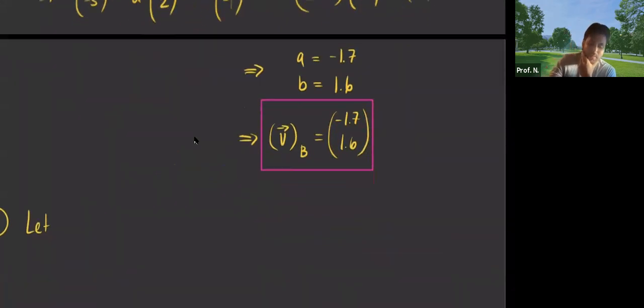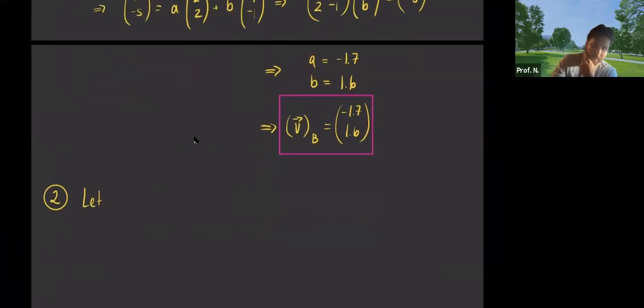Now I'm going to find the same thing, but now for the coordinate vector of V relative to the new basis.